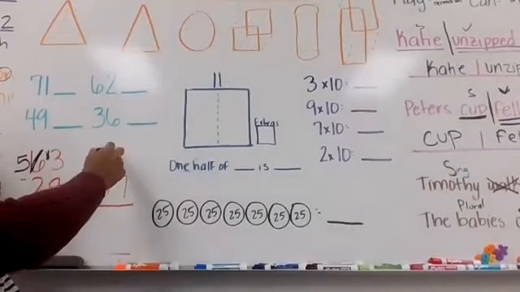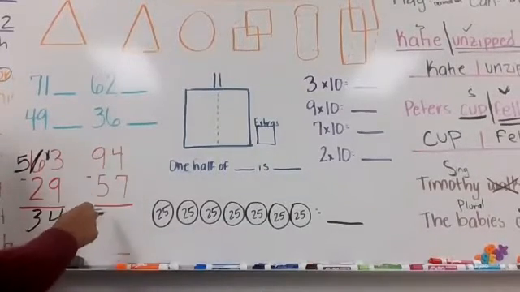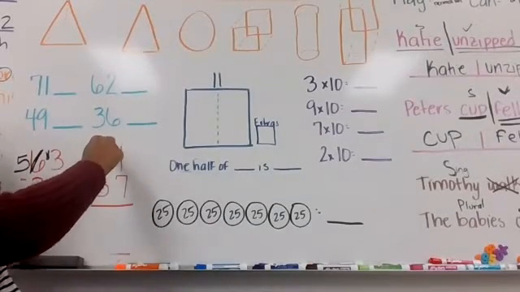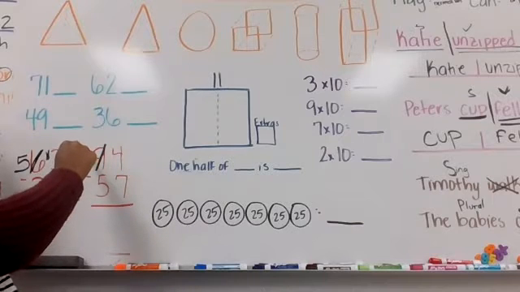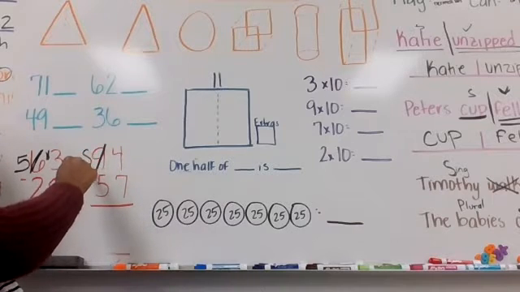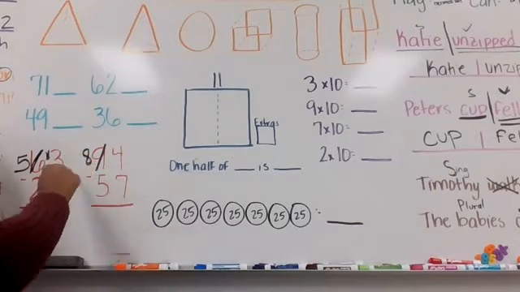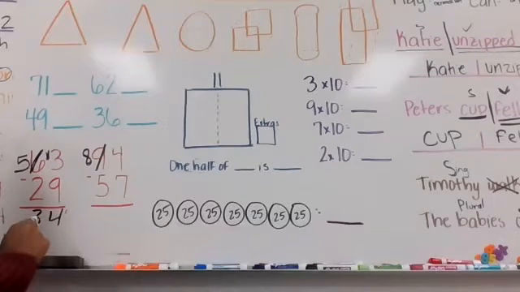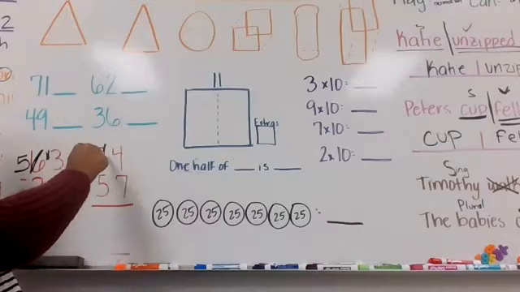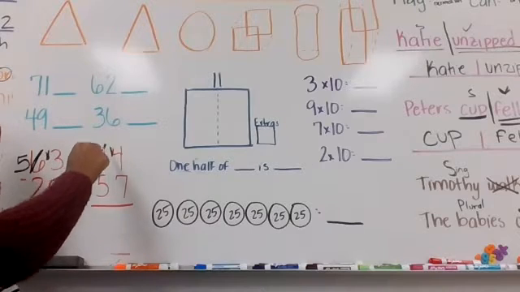Hold up. We can't take 7 out of 4, so I need to trade. So I'm taking 9. What does it turn into? 8. And then what do I do next? You put the 1 next to the 4. I took 10 from 94, add it to 4, it becomes 14.